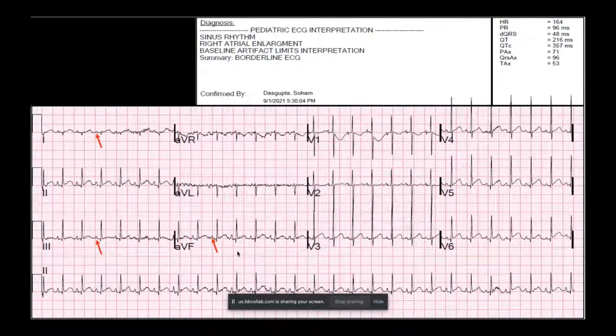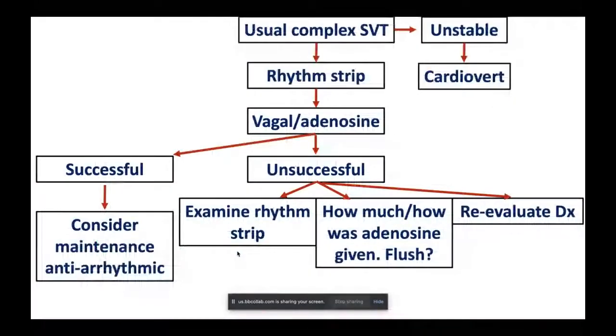So the takeaway from this case is an EKG is only a spot diagnosis. It gives you a diagnosis for a few seconds. It is so important to go and look at telemetry, to look at trends, to go and look at the baby and see, is the heart rate fixed? Is there any variability? What else is going on with the patient? Every clue that you get helps you remarkably towards making a diagnosis.